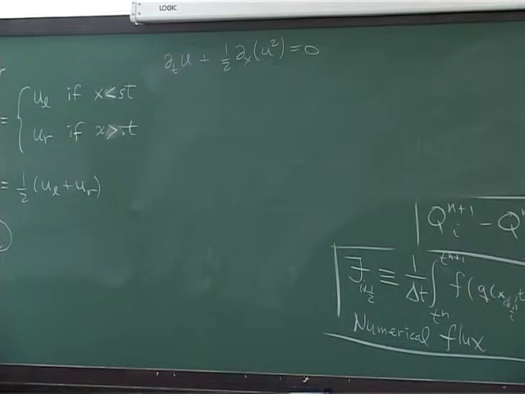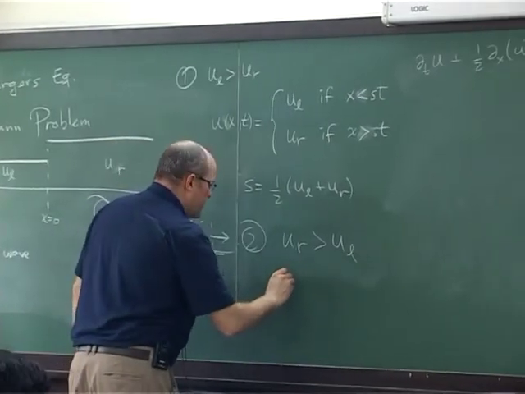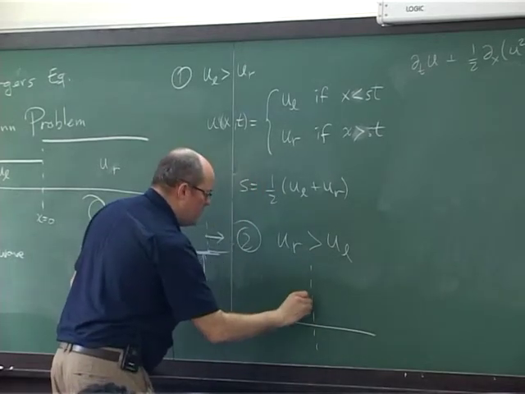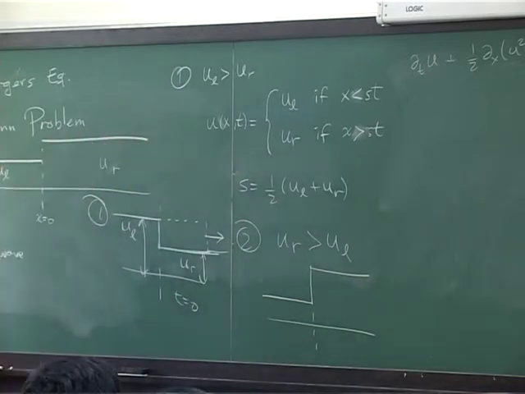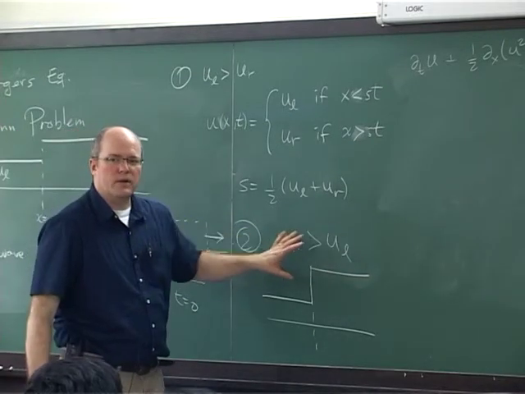So the second case is that U right is bigger than U left, right? So this is initial data that looks like this, at the initial time. In this case, remember, I'm assuming that the U's are positive here.